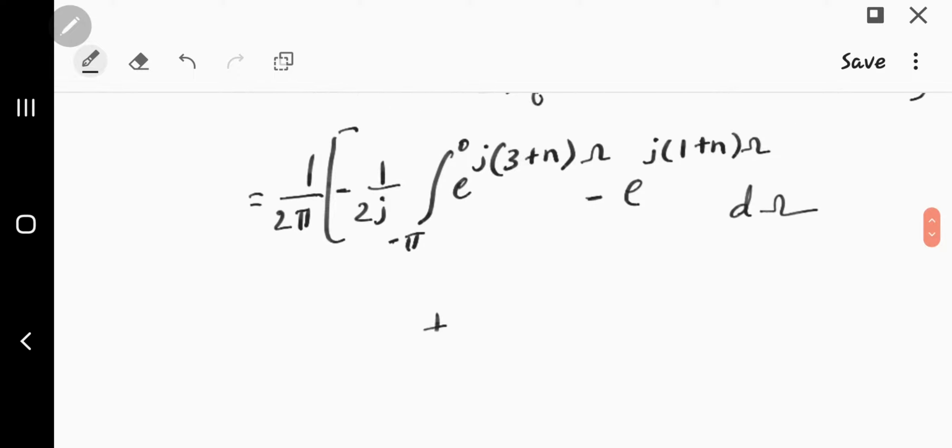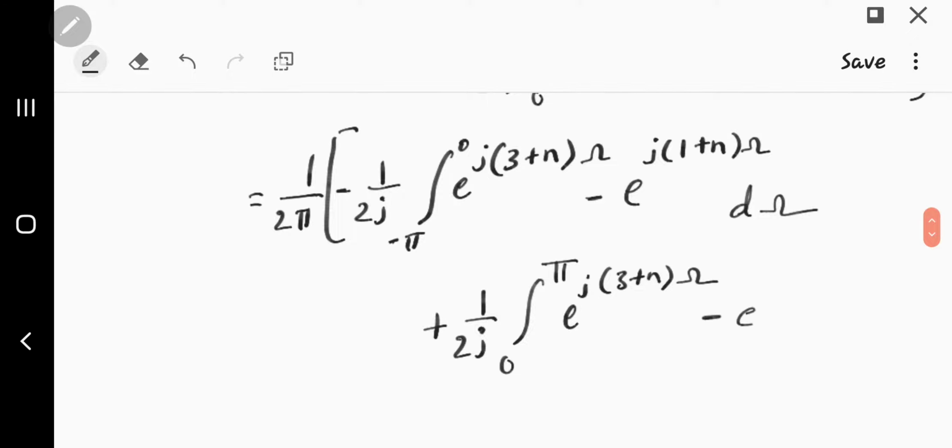So this is the first part, plus 1 by 2j integral from 0 to π of e^{j(3+n)ω} minus e^{j(1+n)ω} dω.